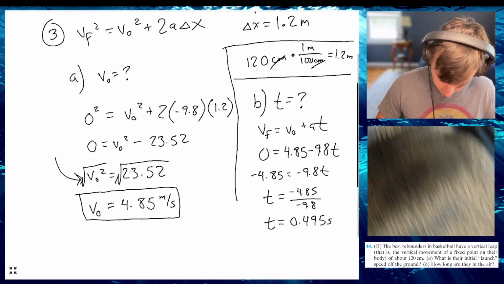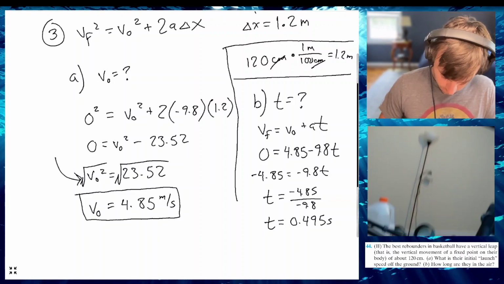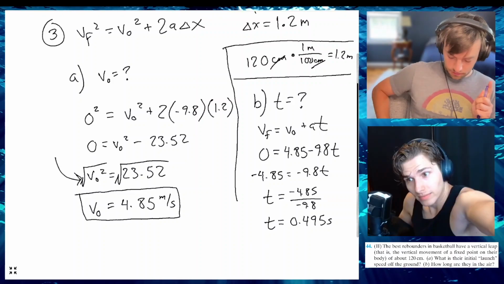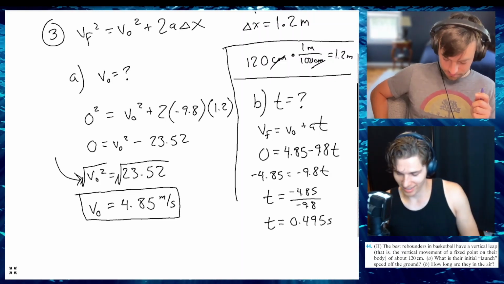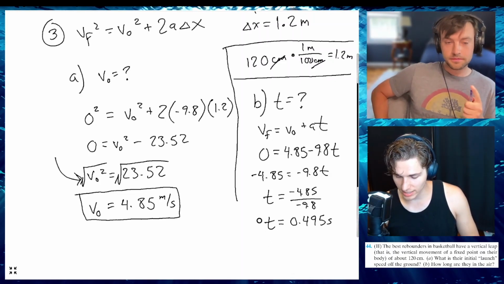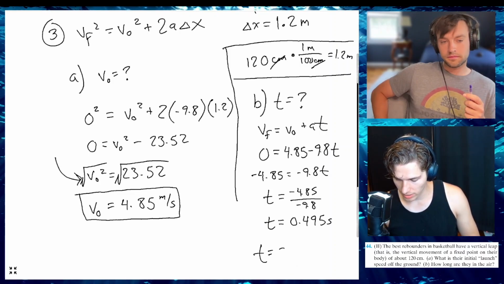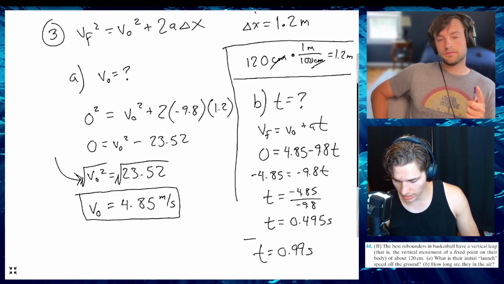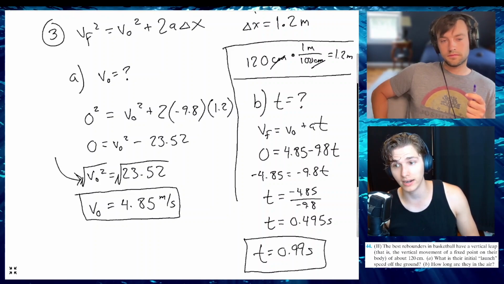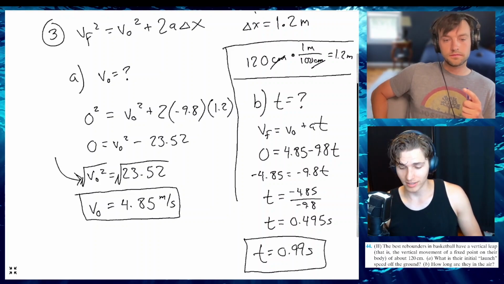Nice, that's what I got. Once I double my 0.495. Okay, that's what I got as well. Awesome. So this is technically 1/2 T, and so I'm just going to double it, and 0.99 seconds is the actual time that it's in the air in total. Awesome, good stuff.